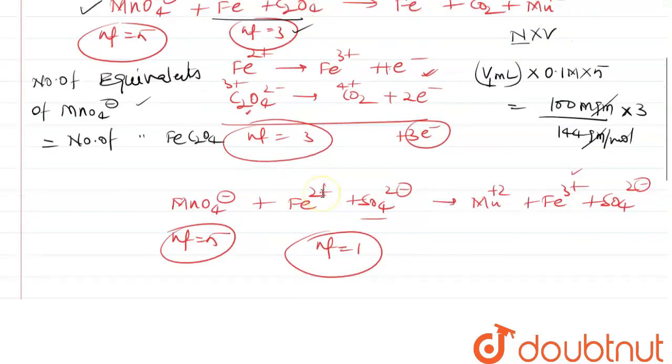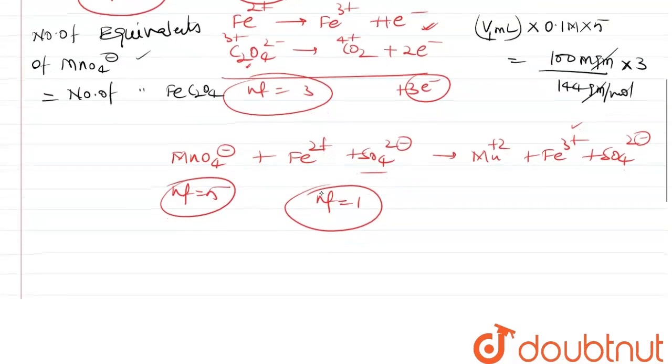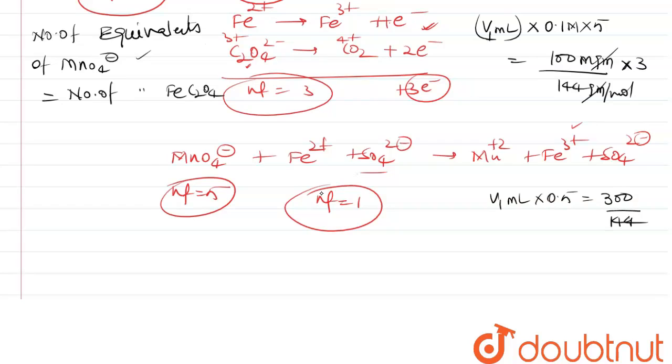From here we can easily find V1 ml into 0.5 is equal to 300 divided by 144. So V1 in ml would be 600 divided by 144.